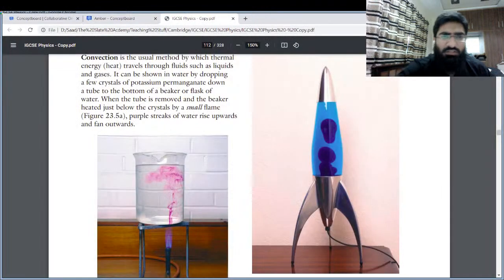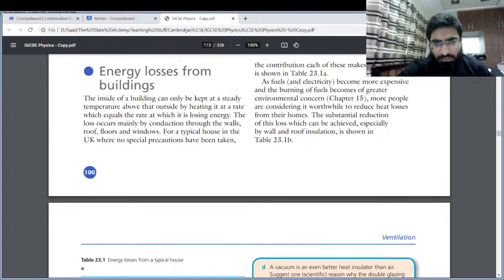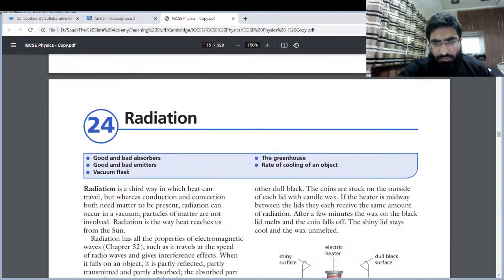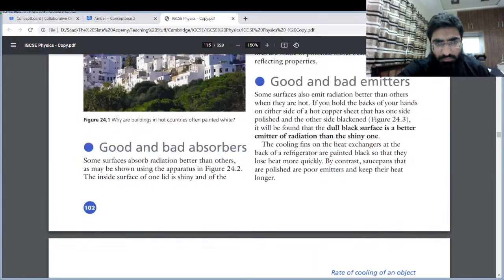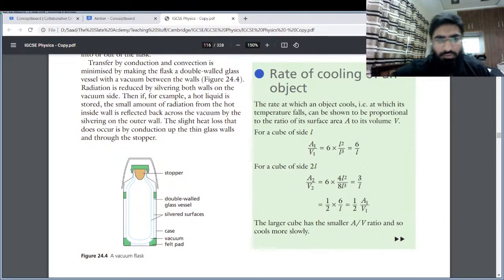The last is the construction of a vacuum flask. Sorry, I said volume flask. The vacuum flask makes use of all the things that we have discussed. Over here, the stopper is of rubber, not a good conductor, so heat cannot escape from here.